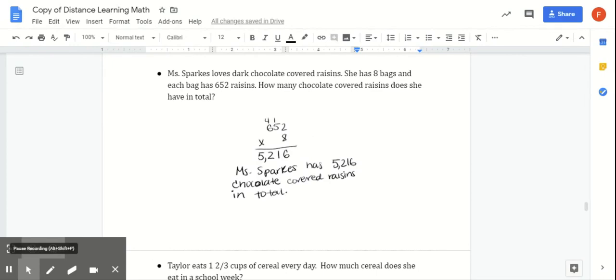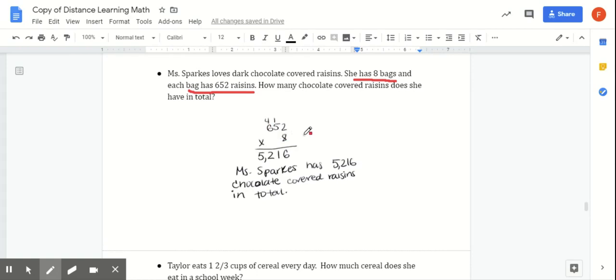For our next problem, Miss Sparks loves dark chocolate covered raisins. She has 8 bags and each bag has 652 raisins. How many chocolate covered raisins does she have in total? Now we can see that if Miss Sparks has 8 bags and in each bag has 652 raisins, we can easily see that this is a multiplication problem.